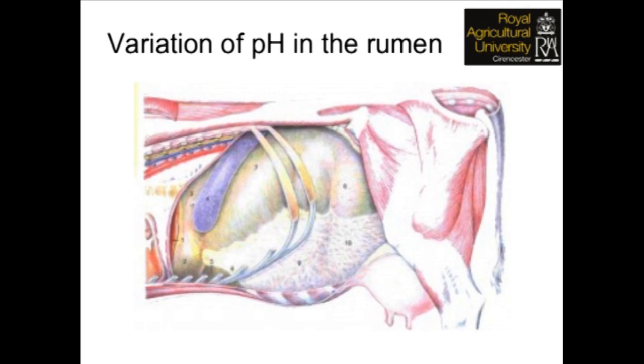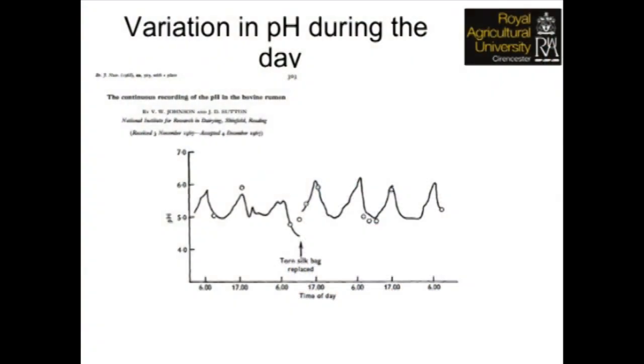Now the first people I can find a graph from to map the pH through the day was a pair of researchers, Johnson and Sutton, at the National Institute for Research in Dairying back in the 1960s. And they pioneered a technique which has been used ever since, which is to have a fistula in the side of the cow with some electronics and trailing the pH sensor inside.